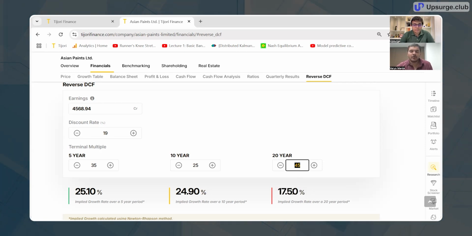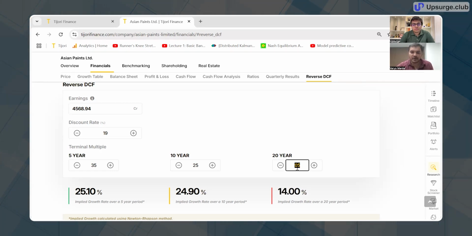What you can also do is, this is kind of hacky, but you can say you think the earnings will grow at 12% for the next 20 years. Then what should be the multiple?